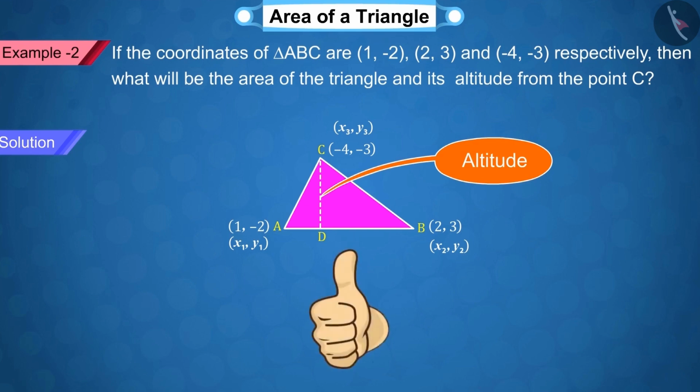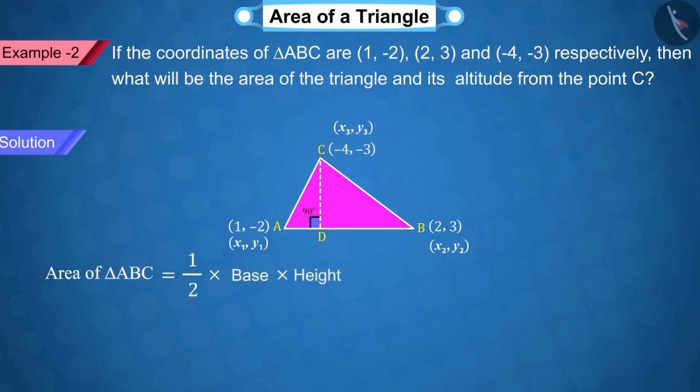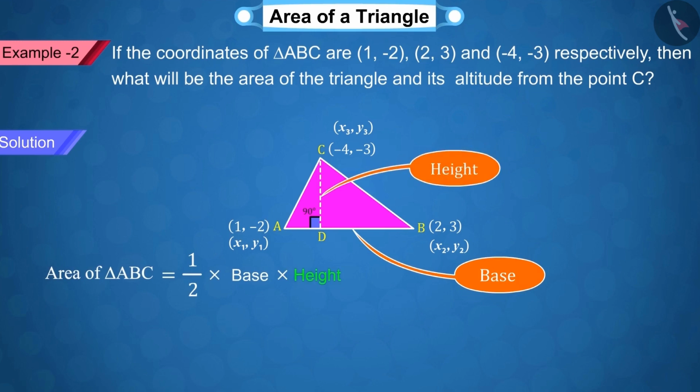Very good. We know that the altitude of a triangle makes an angle of 90 degrees with the base. Then the area of the triangle is 1 by 2 multiplied by base multiplied by height, which is represented by equation 2.